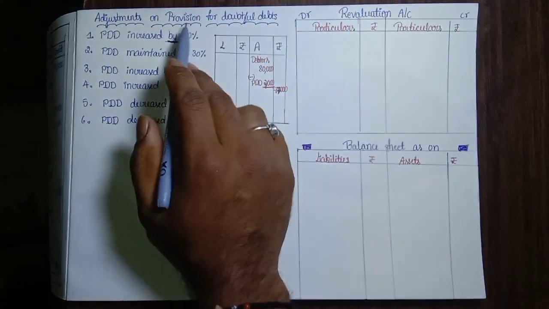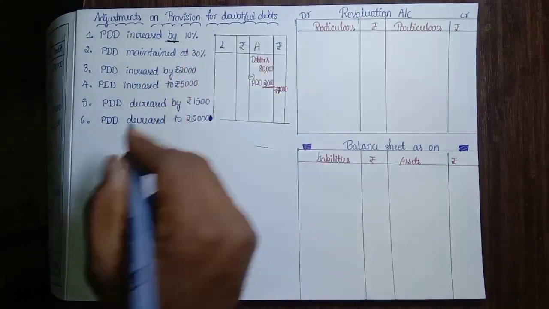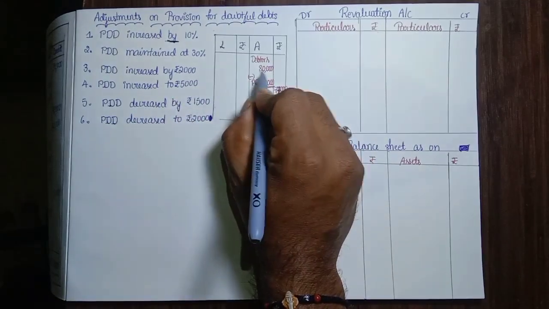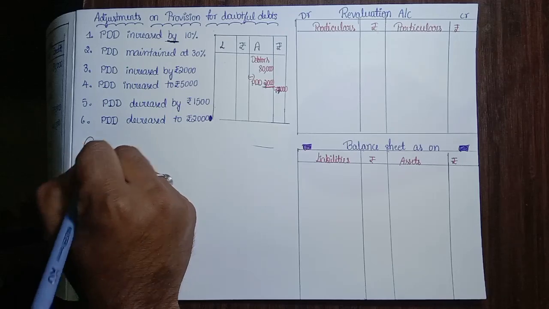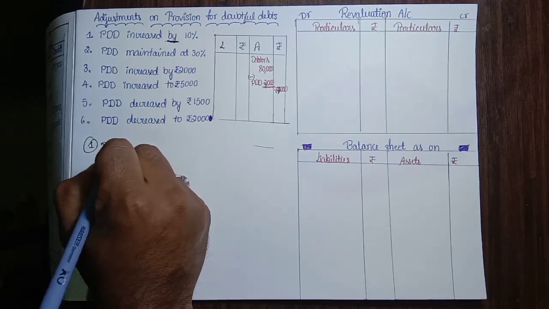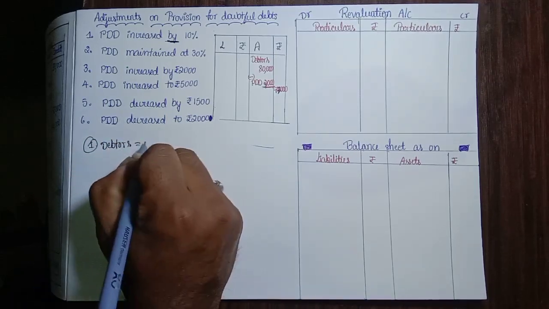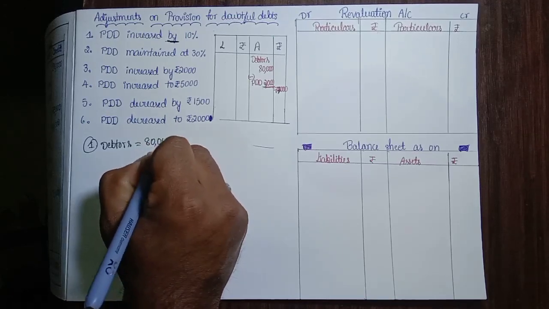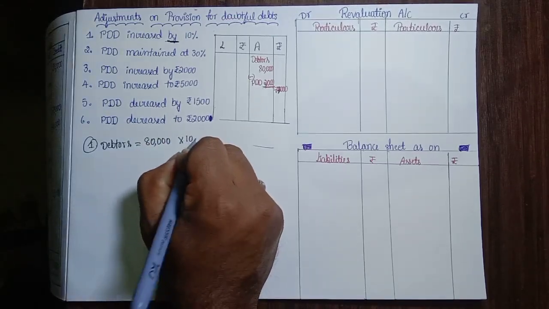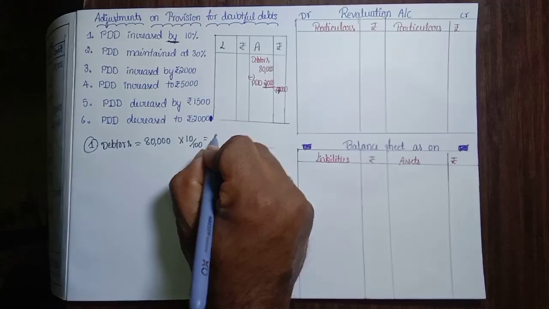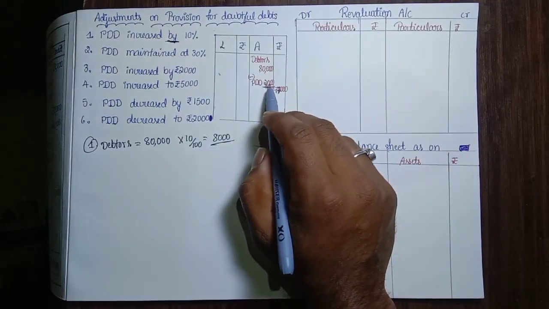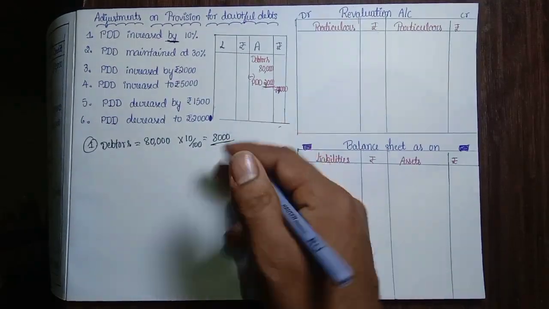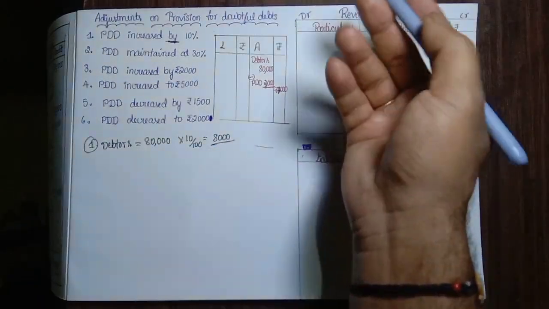On debtors, PDD should be created, so debtors value we are having here is 80,000 rupees into 10%. So we will get 8,000 here.